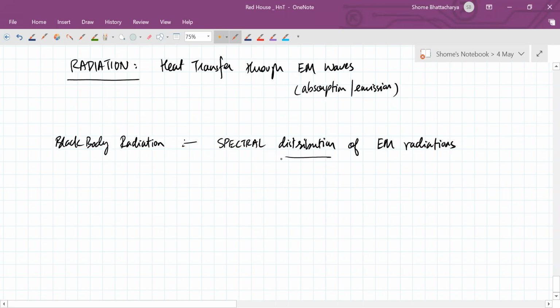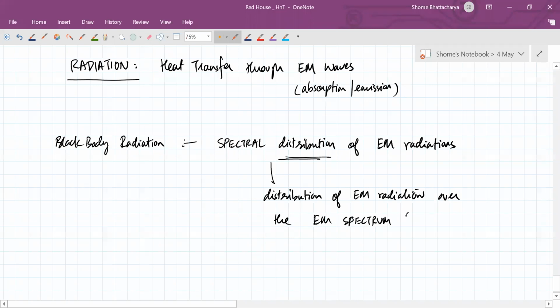By spectral distribution, we mean the distribution of the electromagnetic radiations over the electromagnetic spectrum, that is the range of wavelengths or frequencies of electromagnetic waves. That particular aspect of radiation is called the spectral distribution.